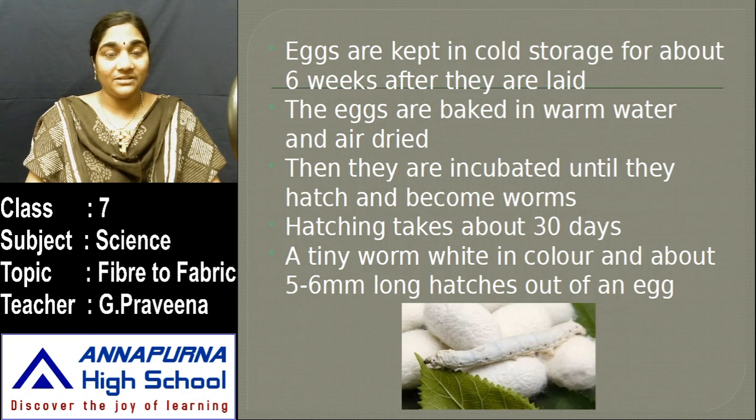Hatching takes nearly 30 days. After hatching, a tiny white worm, about 5 to 6 millimeter long, comes out of the egg. In the picture you can see a white worm, known as the silkworm or caterpillar.